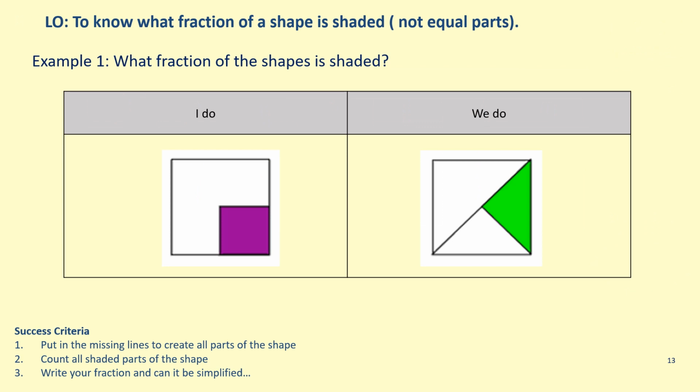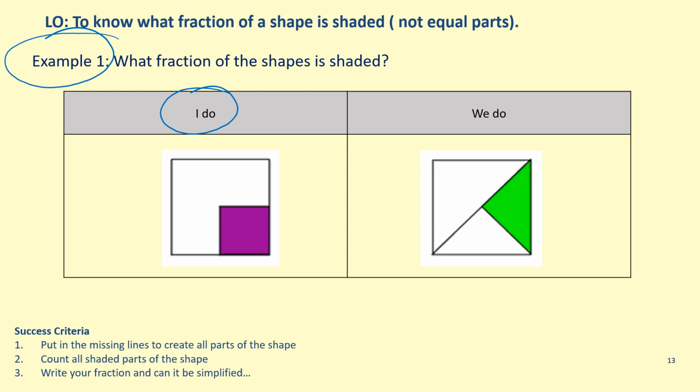Okay. And now we are going to work out what fraction of the shape is shaded when the parts are not equal. Okay, so example 1, I do. As you can see, part of this shape is shaded, but it's split into 2 unequal parts.